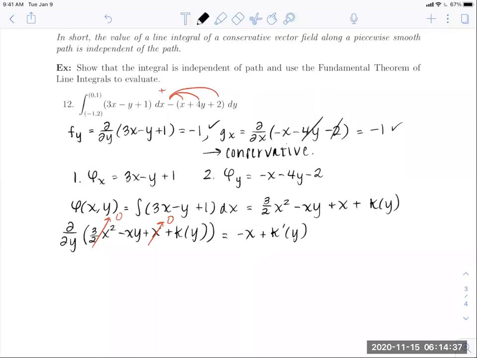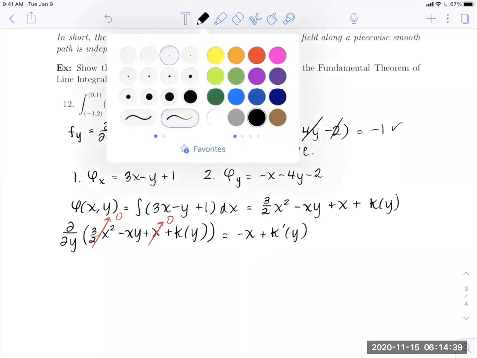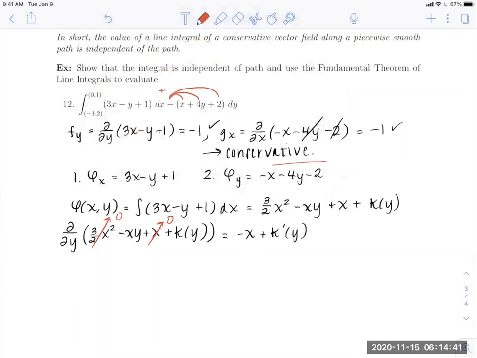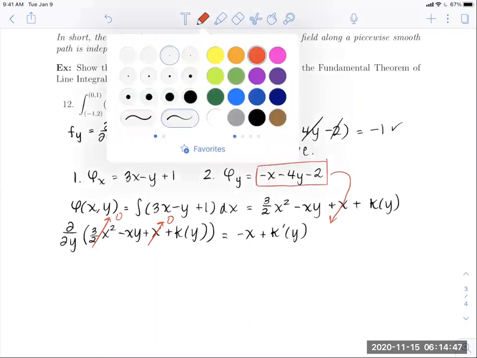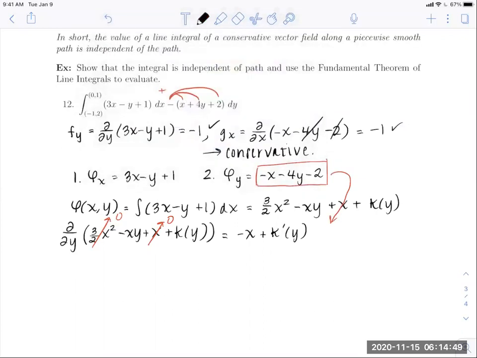And now what I'm going to do is equate this with what I had previously set up for phi sub y. So maybe over here in the margin, I'll write phi sub y. All right, so this is equal to negative x minus 4y minus 2.